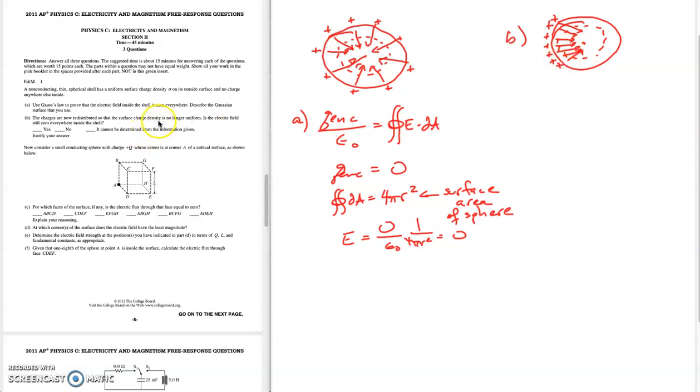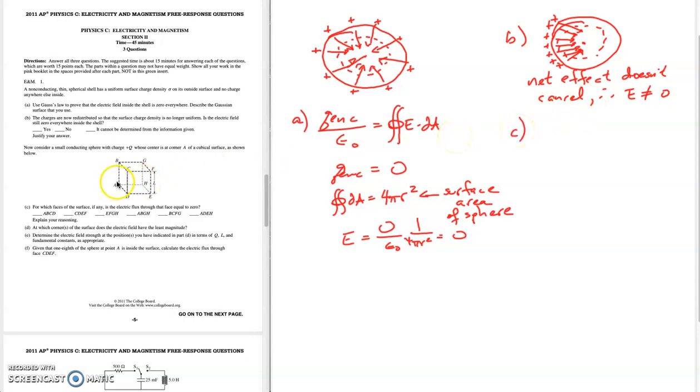So if it's not uniform, the electric field is not 0 inside the shell. So we can say the net effect doesn't cancel. Therefore, the electric field is not 0.